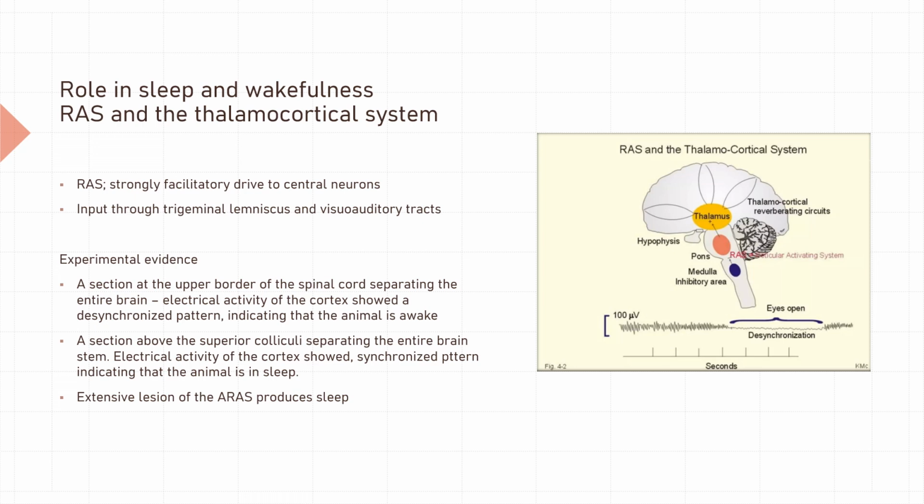When we cut above the superior colliculi, through the entire brainstem, the electrical activity of the cortex shows a synchronized pattern, indicating that the animal was in deep sleep. So an extensive lesion of the ascending reticular activating system produces sleep.